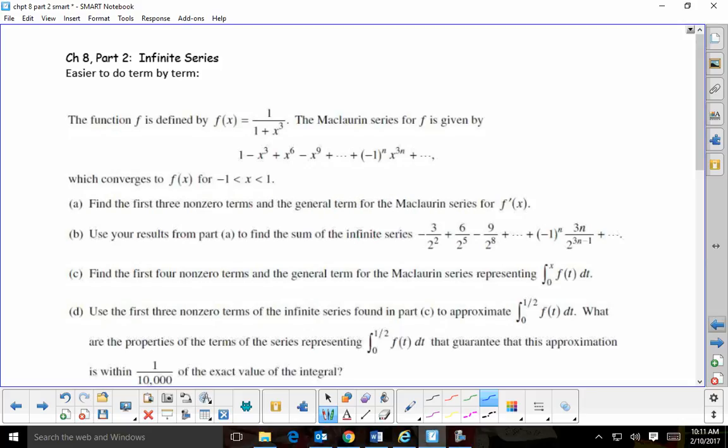Okay, and again, we're going to think about what we did yesterday. So on part A, it says find the first 3 non-zero terms and the general term for the Maclaurin series for f prime. So if they're term by term, what's easier to do for the f prime? Take the derivative of each one, term by term. Go. Okay, you should be less than 30 seconds.